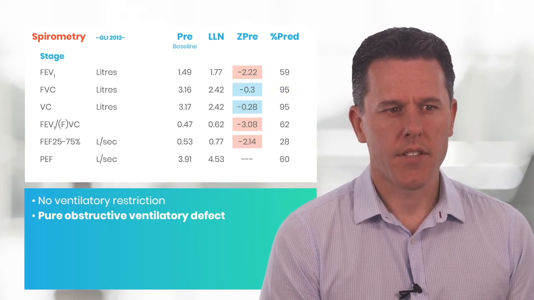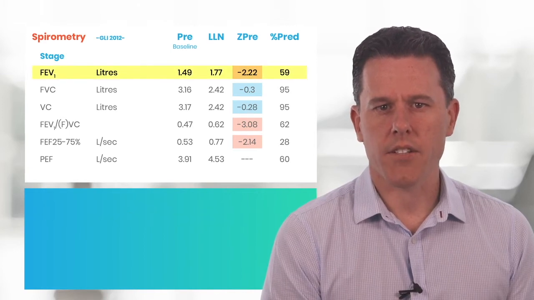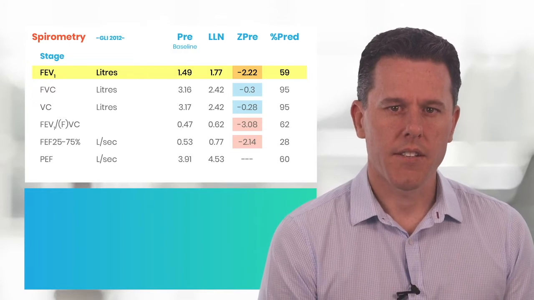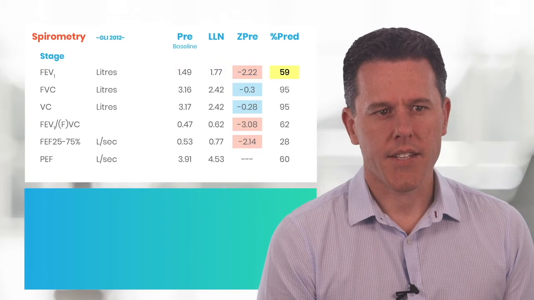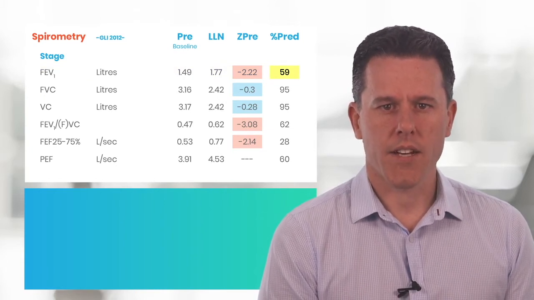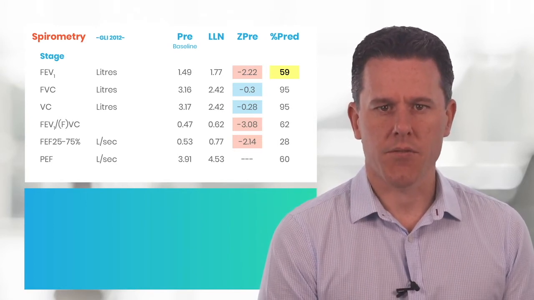The next step is to look at the FEV1. And the FEV1 only tells us about the severity of airflow obstruction if airflow obstruction is present. And in this case, it's 59% of predicted. And so once again, normal is 80% of predicted. And so 59% of predicted is reduced.